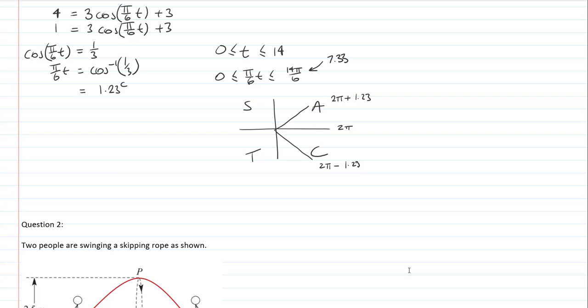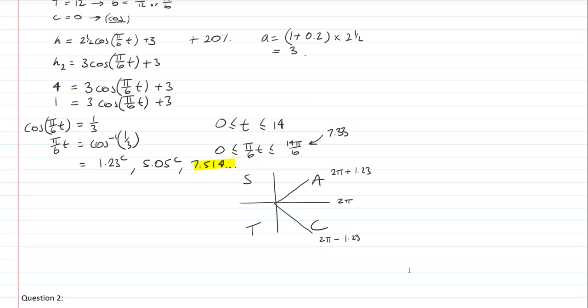So I'm going to do 2 times pi minus my answer. And that gives me a second solution of 5.05. And then I'll probably get a third solution by subtracting 2 pi from my answer, gets me back to where I was. And then I'll do 2 pi plus my answer, and I get 7.514. And that's outside the range, so I don't need to worry about that one, which is kind of good.